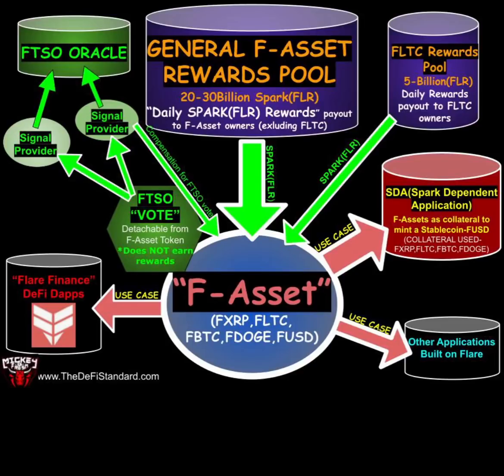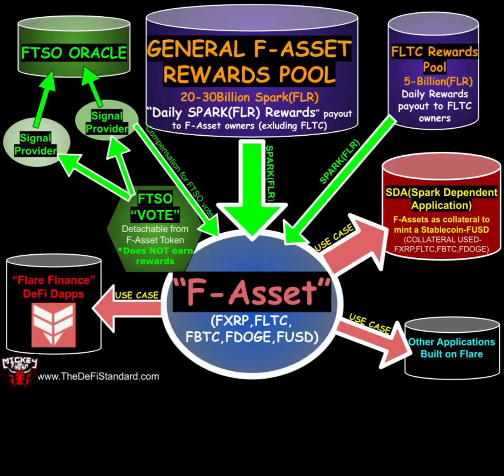So now let's go into some of the utility of these FAssets and how it differs a little from the Spark token. It has some similarities, but also some key differences to keep in mind. Just like the Spark token, the FAsset, like FXRP, comes with an FTSO vote.